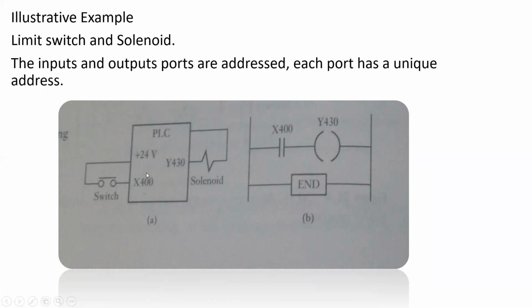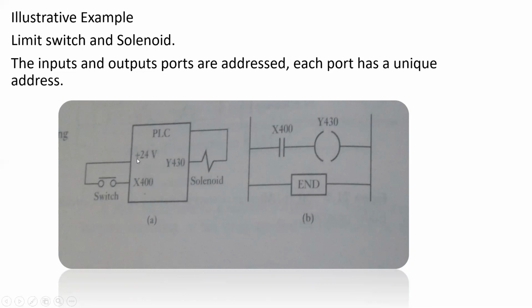Each input will have a unique address. In some PLCs, I think Mitsubishi uses these symbols: X is used for inputs and Y is used for outputs. So there will be X400, X401, and different addresses for different input ports. So we have connected the limit switch to input X400, and the output is connected to Y430, and the output is a solenoid.